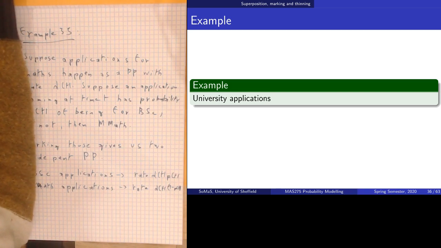So 48, 49, 50 were fine. 51 is now fine as well. 52 uses a thinning, so you can do this now. 53 is a variable rate, so that's fine. 54 is a variable rate. I think you can also do this. And we have to stop at 54. So you can now work on the exercises up until 54.